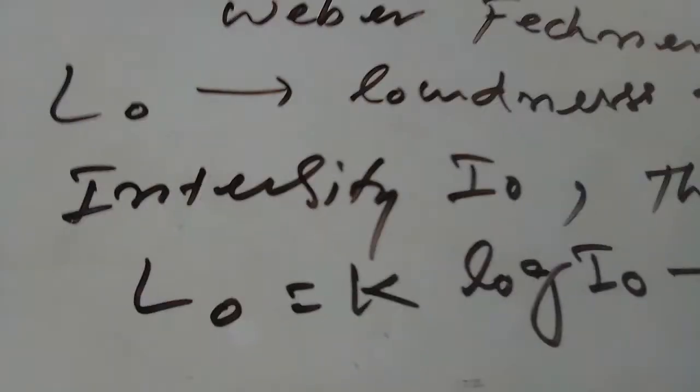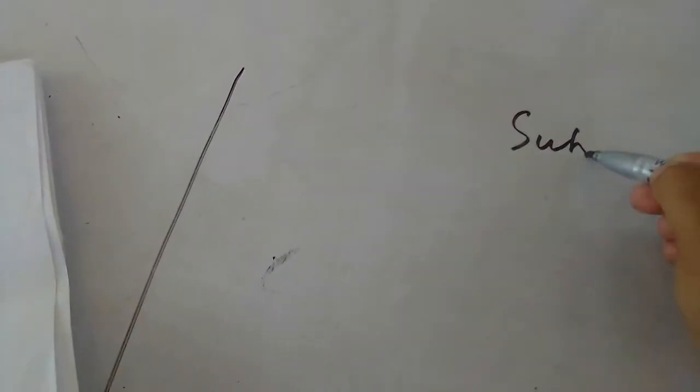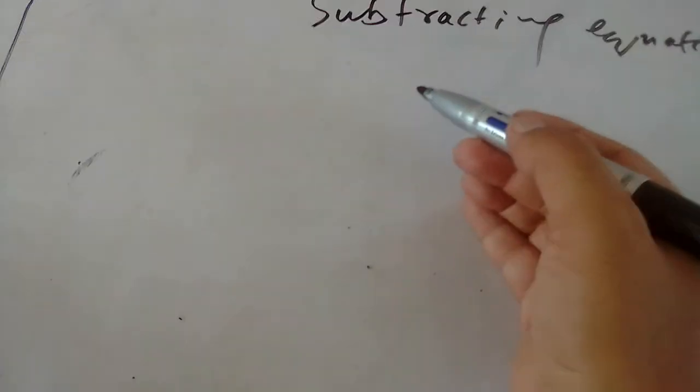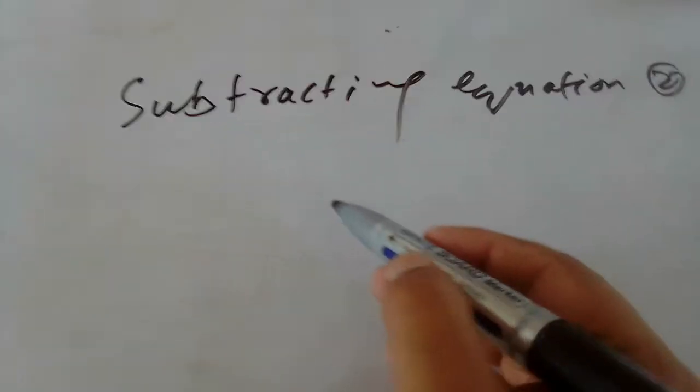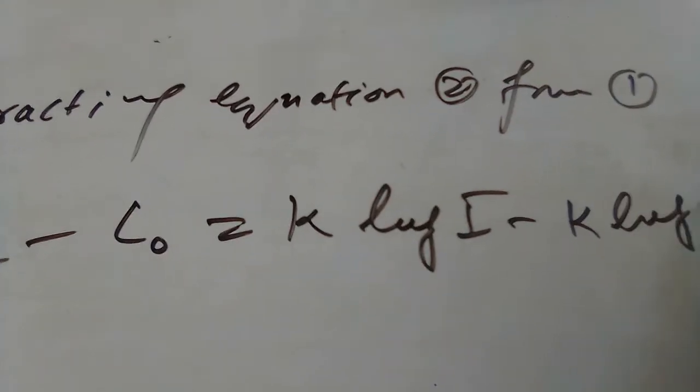Now subtracting equation 2 from equation 1, we have L minus L naught is equal to K log of I minus K log of I naught.